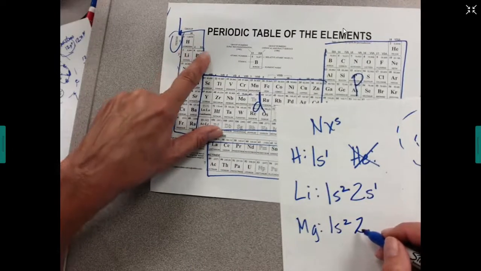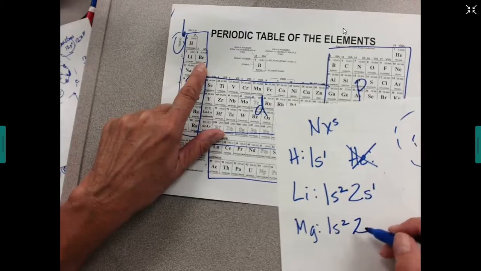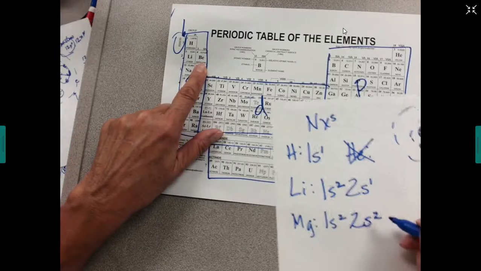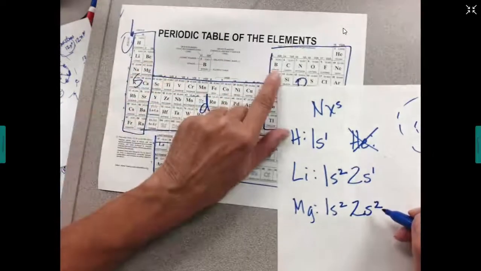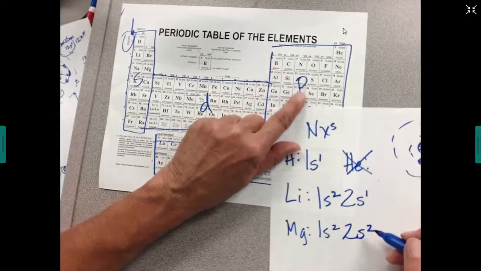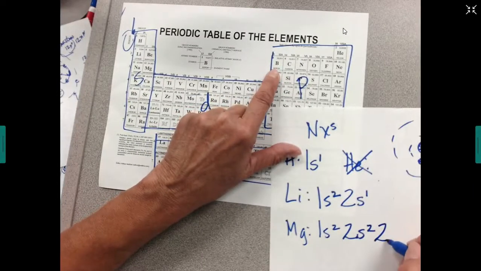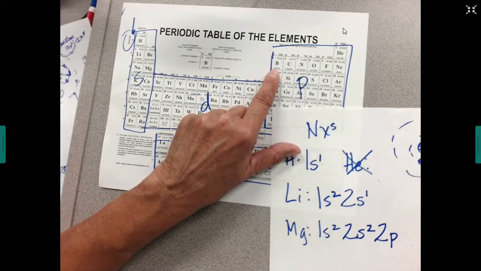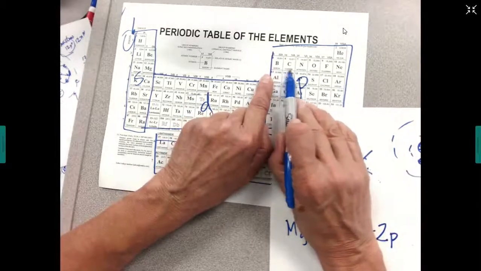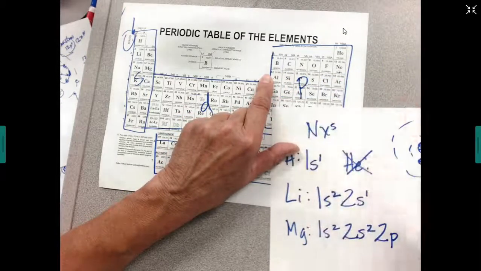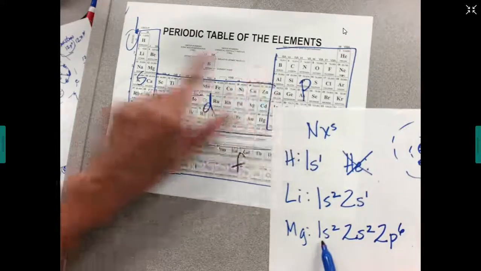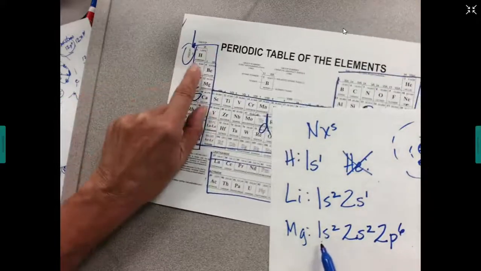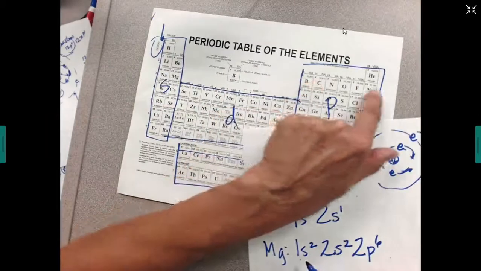We have 2 s spinning electrons, 1, 2, s2. Now we go over to the periodic table. Now we're in the p block, right? So now we're still in the second row, but now we're talking about p spinning electrons, and there are 1, 2, 3, 4, 5, 6 of them. So now this shows me I've gone through 1s2, 2s2, 2p6.